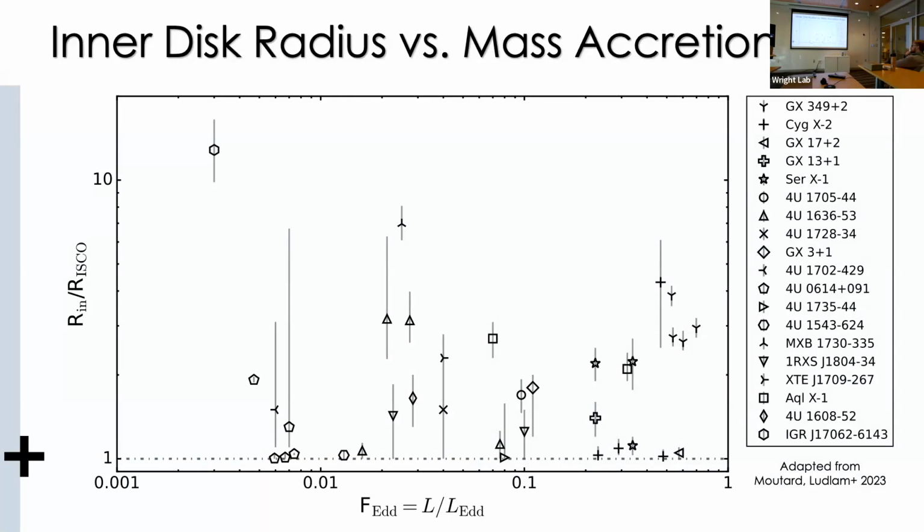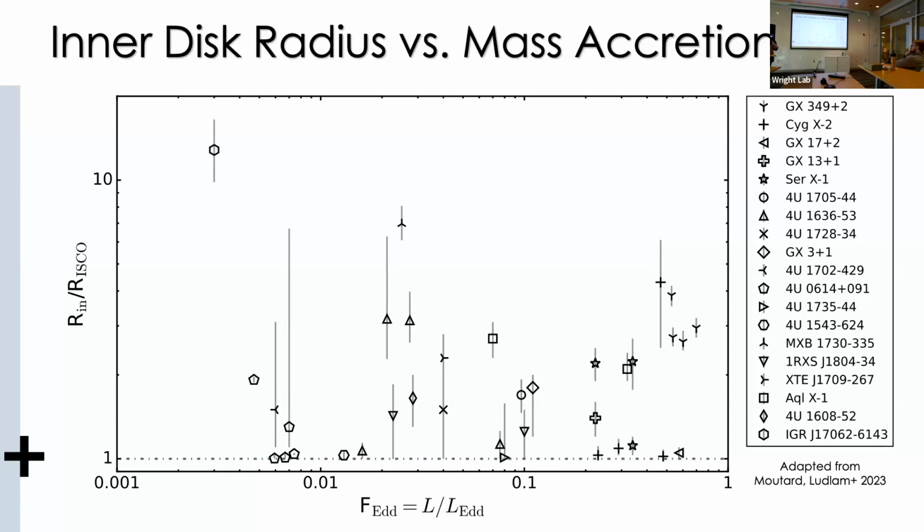So here's showing the position of the innermost accretion disk in terms of that innermost stable circular orbit versus the Eddington fraction, which is just a proxy for mass accretion rate. It's the luminosity of the system divided by that maximum Eddington luminosity. Here we have a number of different neutron stars that have been observed using NuSTAR, some of them complementary with NICER, and applying these reflection model techniques.